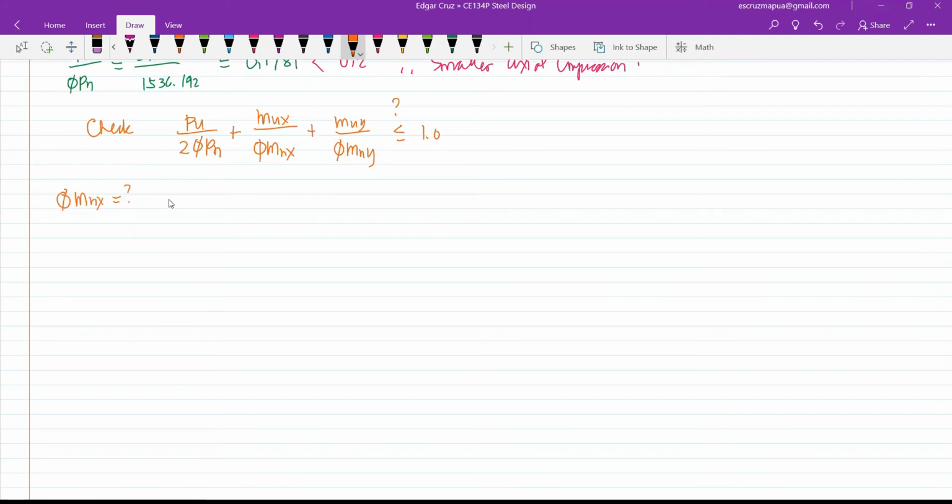Okay. So yung phi natin is 0.9 for flexure. So alam natin yan. So paano natin makukuha yung MNX? Considering yung amplification factor, yung MNX natin would be Fy Zx lang, as given in the problem, the section is assumed to be compact tapos lateral supported siya within the span of the beam.